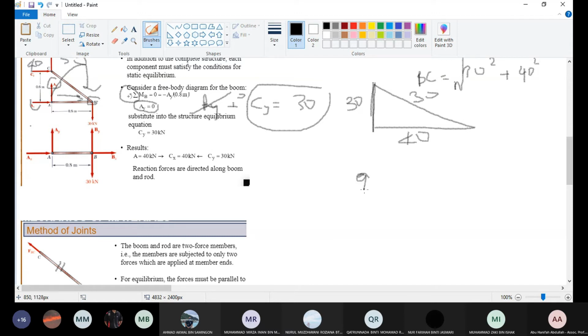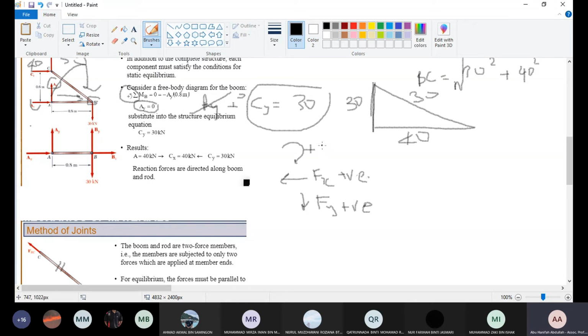So you can use Fx to the left positive, and then Fy is positive. If you do this analysis, you have the same answer.